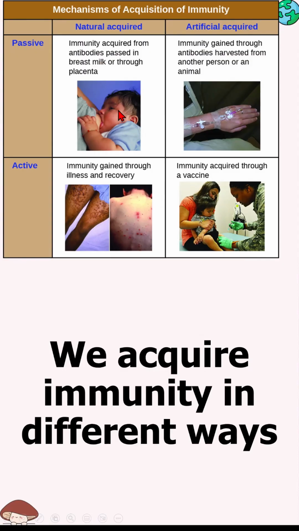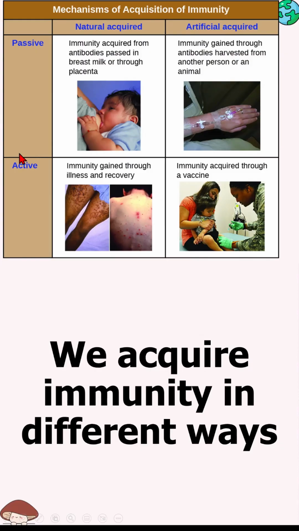So babies basically receive a nice dose of antibodies from their mother, and this protects them temporarily. There's also artificial acquired passive immunity, where a person can just acquire antibodies from another through kind of a plasma transfusion. We're just giving people antibodies.